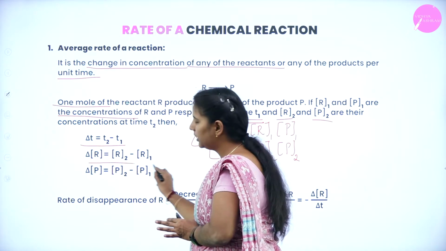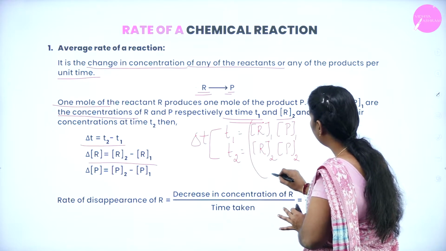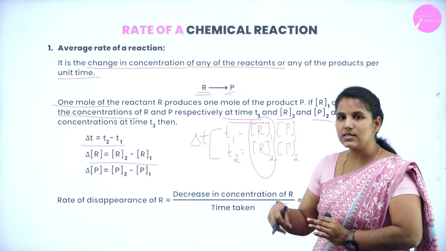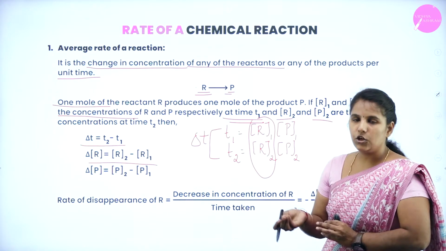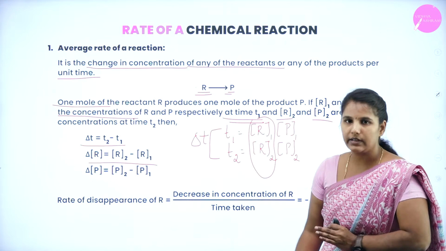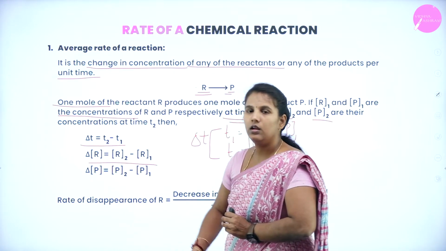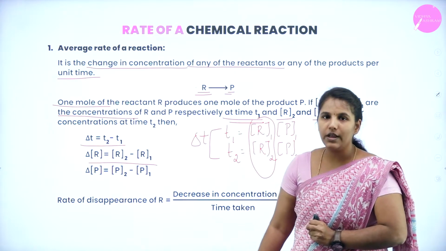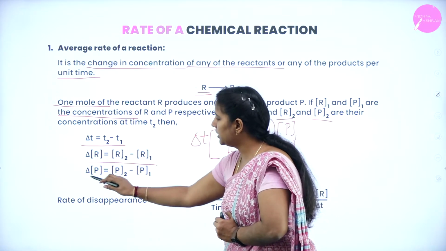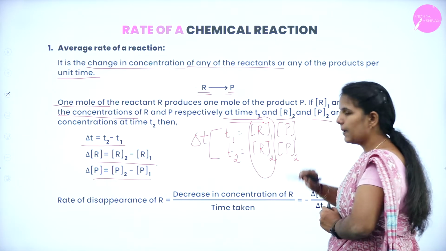First I'll write for the reactant. If I write for only the reactant, it is obtained by R2 minus R1. Why R2 minus R1? Greater reactant concentration minus smaller reactant concentration. So the change in molar concentration of the reactant is obtained by R2 minus R1. Similarly, the change in product is obtained by P2 minus P1.